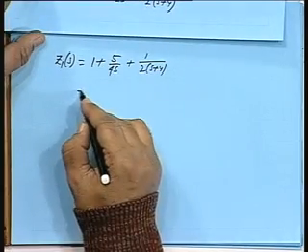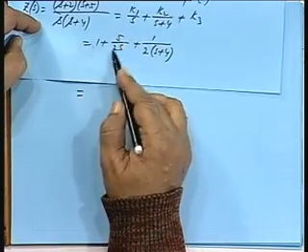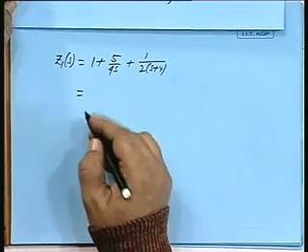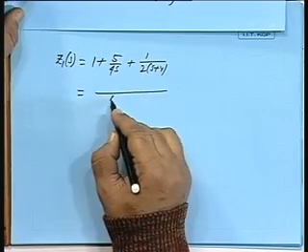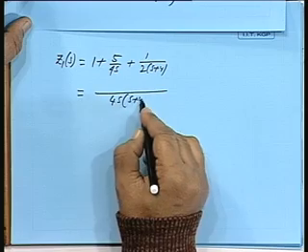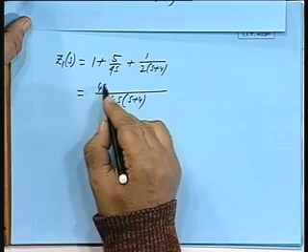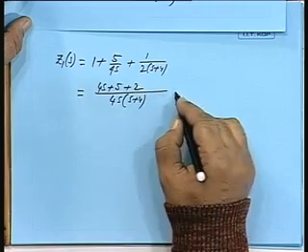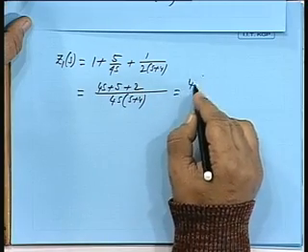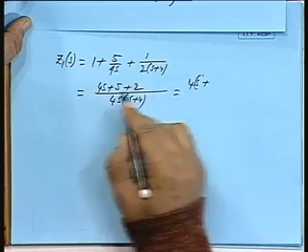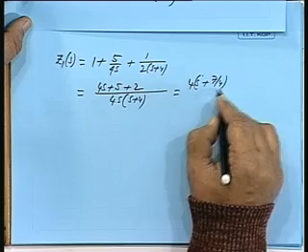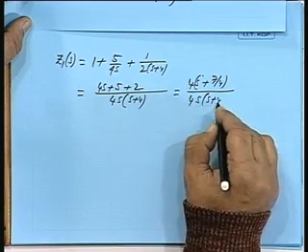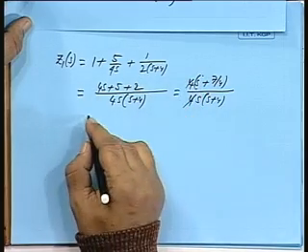Okay. If you take 50% of it, 5 by 4s, and the remaining 5 by 4s is here. So, it will be 4s into (s plus 4), 4s plus 5 plus 2, correct me if I am wrong, 4 into (s plus 7 by 4) divided by 4 into (s plus 4). So, 4 gets cancelled.